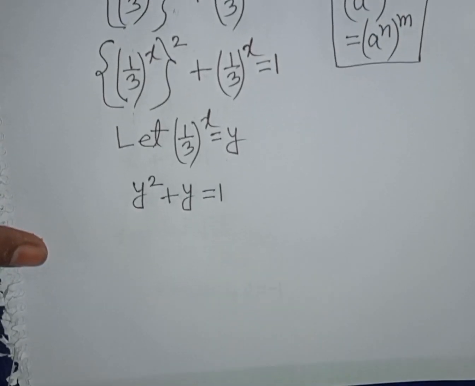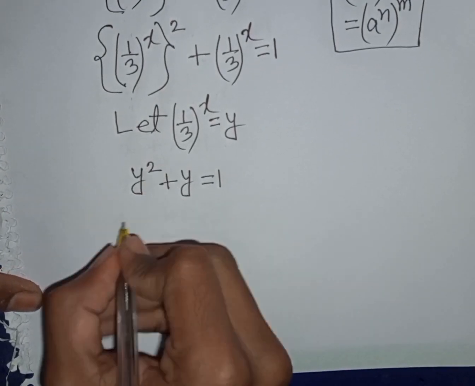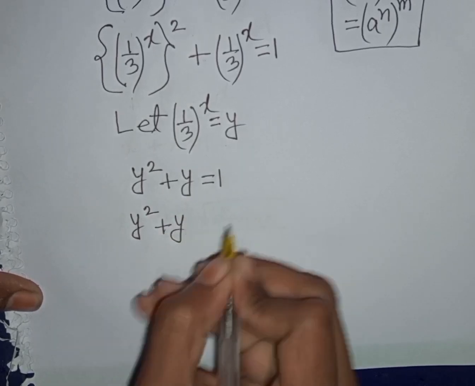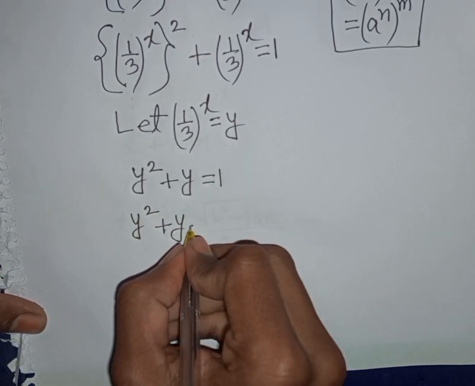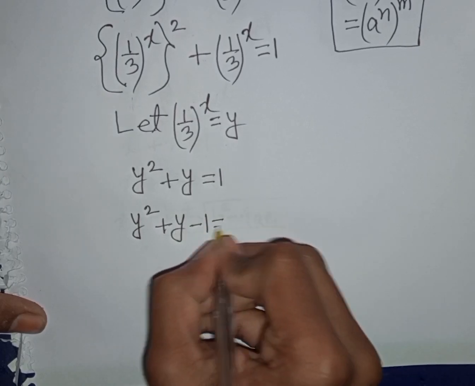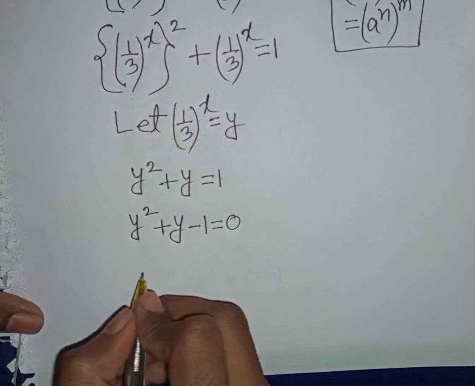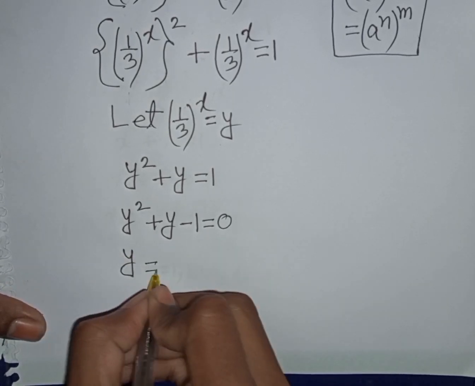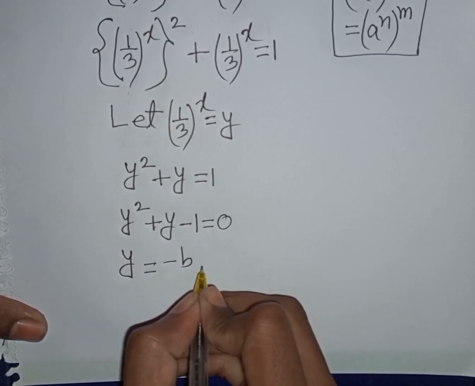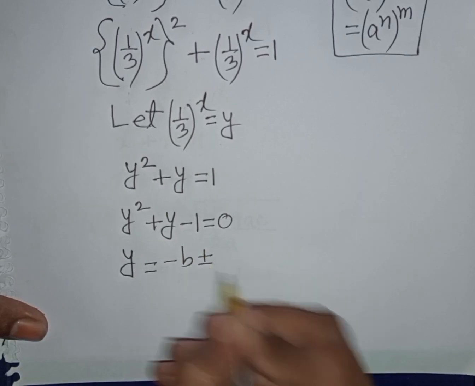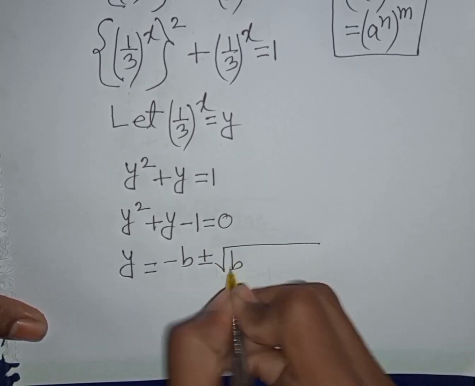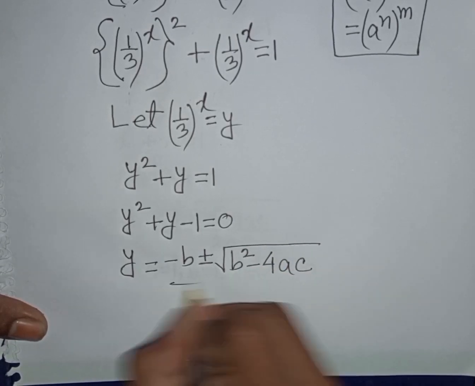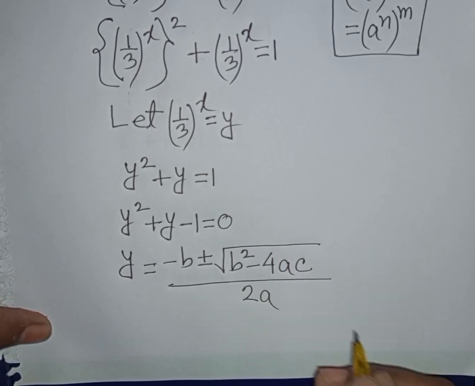Now we can write y square plus y, then this plus 1 taken to the left side will be minus 1, is equal to 0. Now here I can apply the quadratic formula, so y is equal to minus b plus or minus square root of b square minus 4ac divided by 2a.